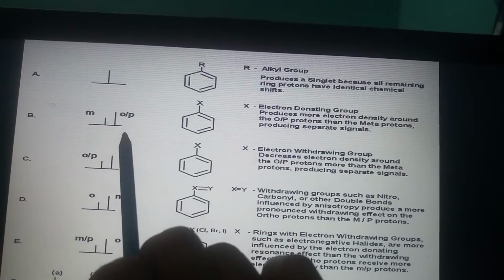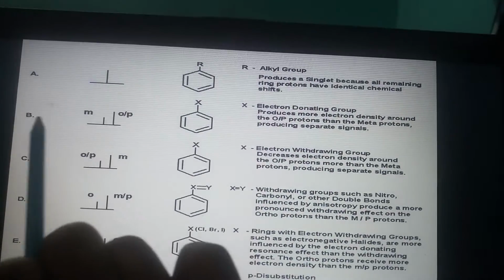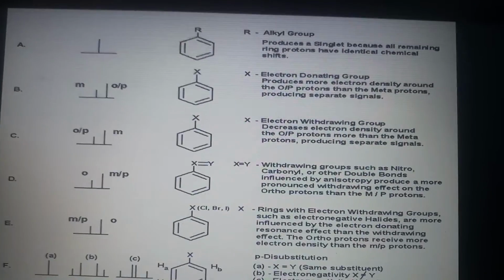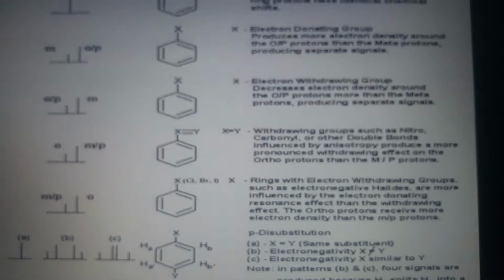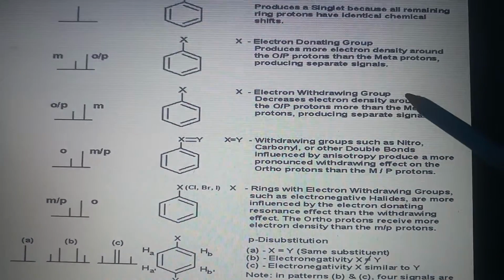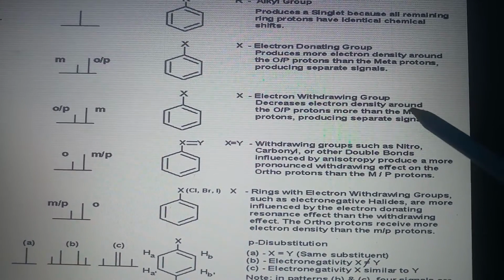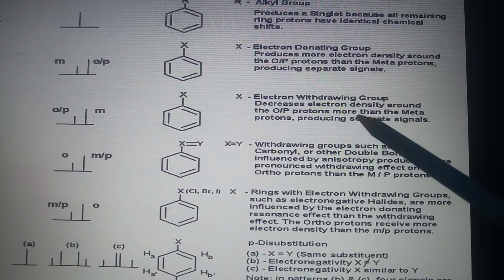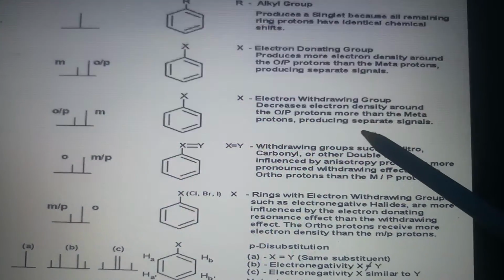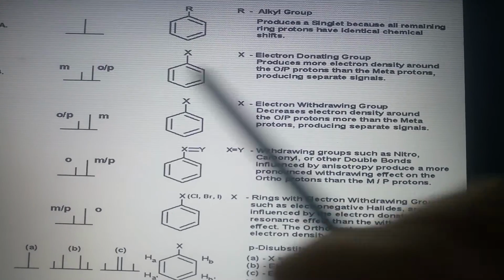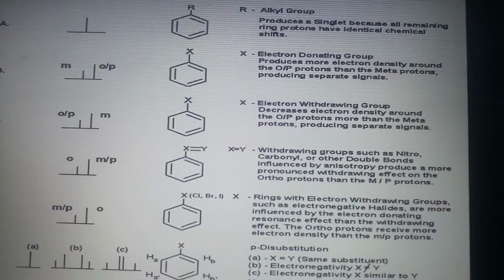Ortho and para will appear in the shielded zone and meta will appear in a deshielded zone. In the case of electron withdrawing groups, it decreases electron density around the ortho and para protons more than the meta protons, producing separate signals. You can see the scenario is just different.